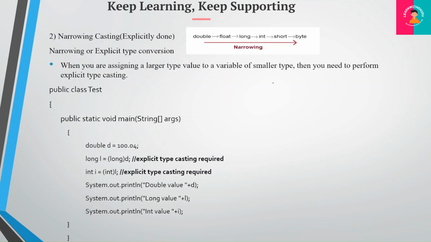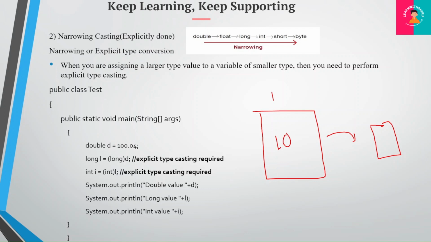Then coming to narrowing. Narrowing means you have a bigger data type and you are converting that into a smaller data type. Like if you have 10 liters of water here and you want to fill it in a 2 liter water bottle, of course there will be some loss, correct? When you are assigning a larger data type value to a smaller type, you need to perform explicit typecasting.